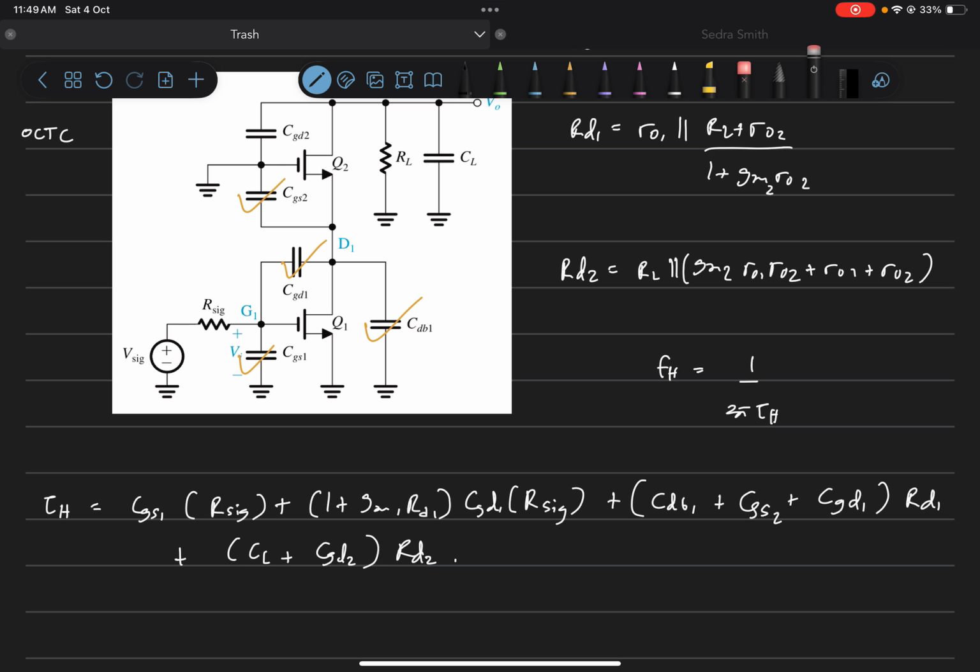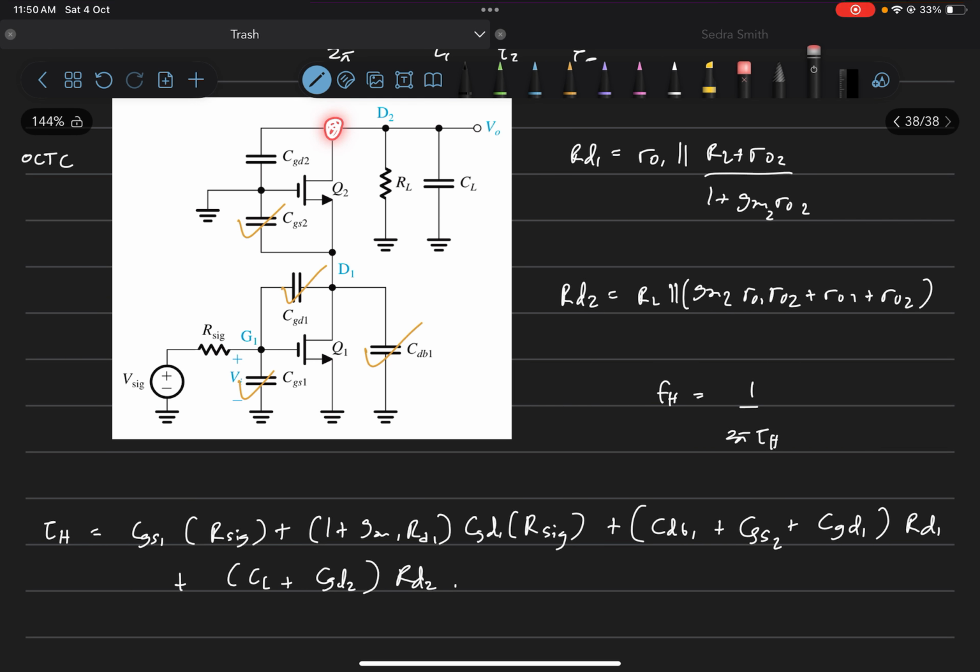Next we analyze CL and CGD2, which are from this node to ground. These two can be clubbed, because both are from D2 to ground. We need the Thevenin impedance seen looking from D2 to ground, because the other node is at ground.